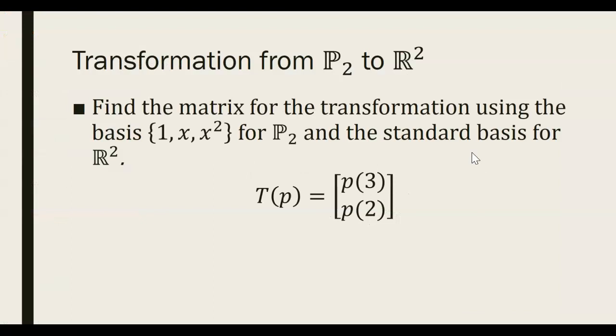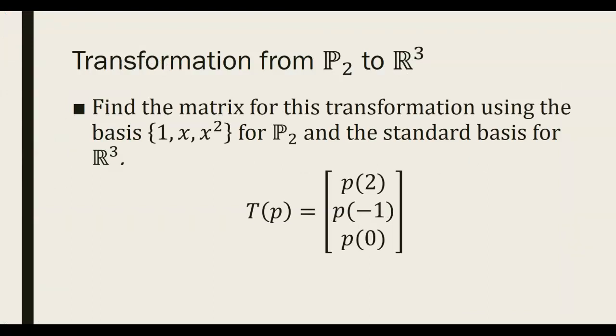All right, what I'd like you to do is push pause on the video and try this one. We're going to find a matrix for the transformation using the basis 1, x, x squared for polynomials of degree 2 and less, and the standard basis for R3.